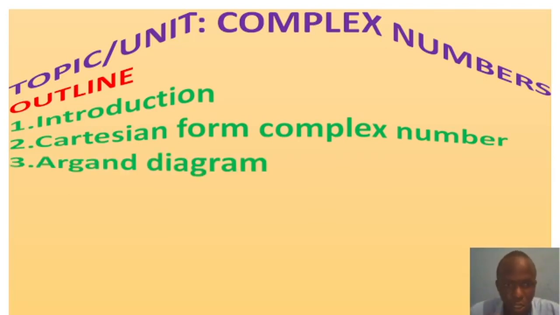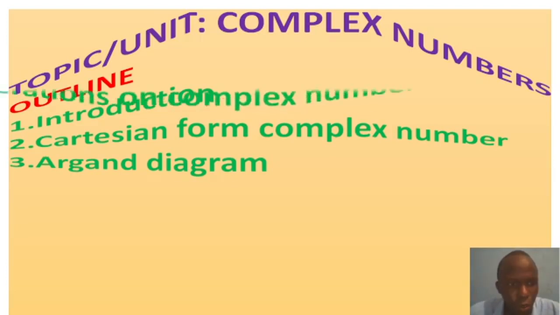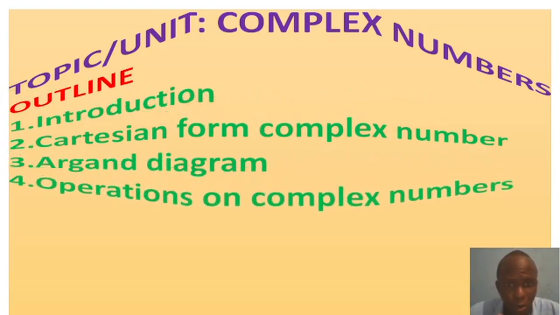Next, we are going to look at the Argand diagram, that is the representation of the complex number against an imaginary axis and the real axis plane. We are also going to talk about operations on complex numbers, that is addition, subtraction, multiplication, and division.